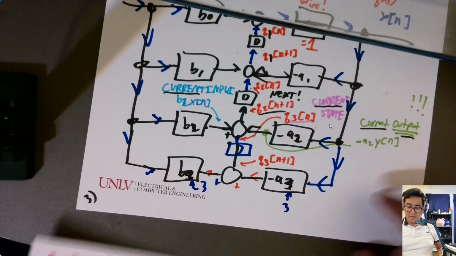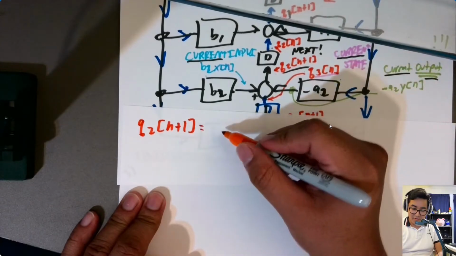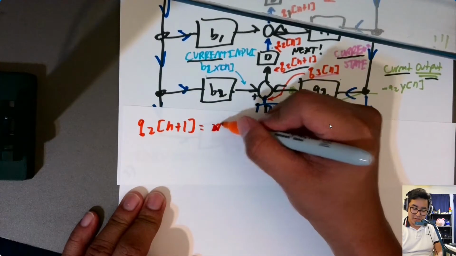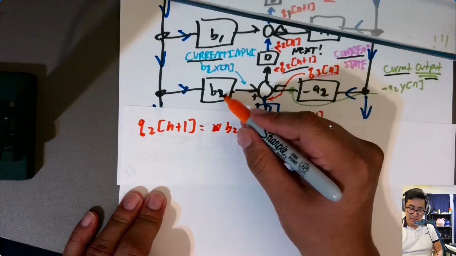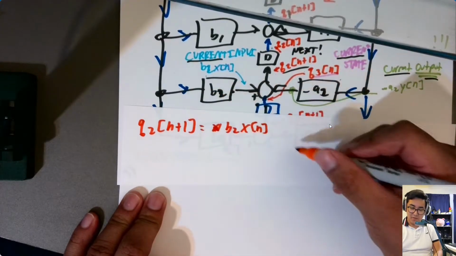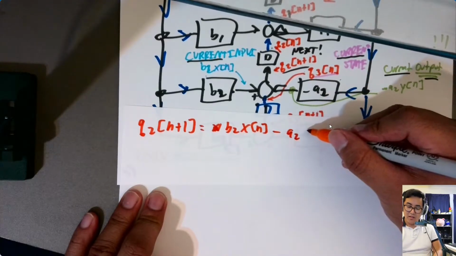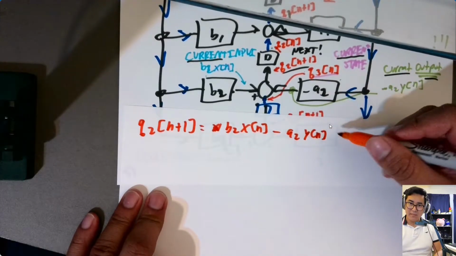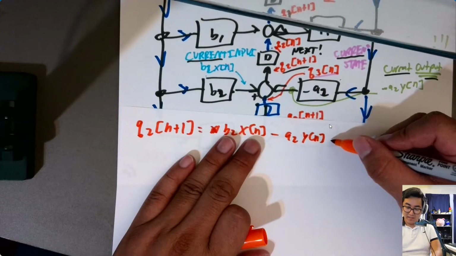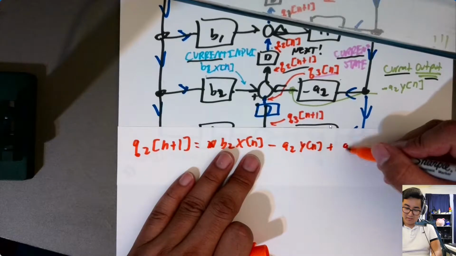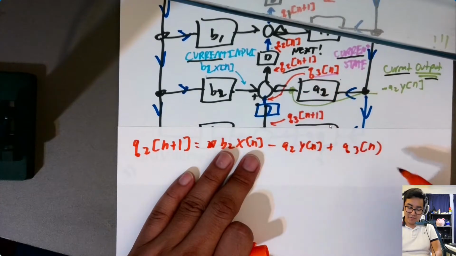Pull this guy out. Is equal to our current input, actually, b of 2 x of n, so our current input times b of 2, minus a of 2 y of n, which is our current output, which we need to fix, plus q of 3 of n, which is the value of this node.